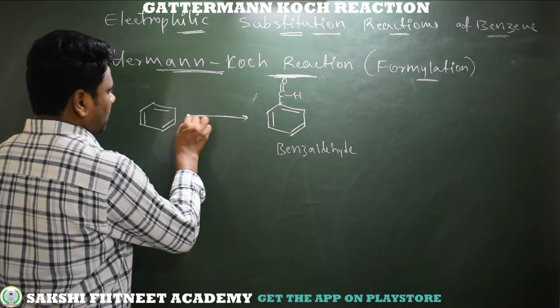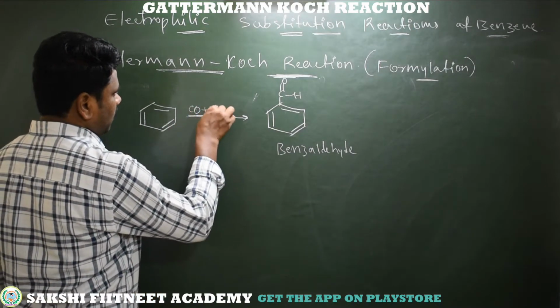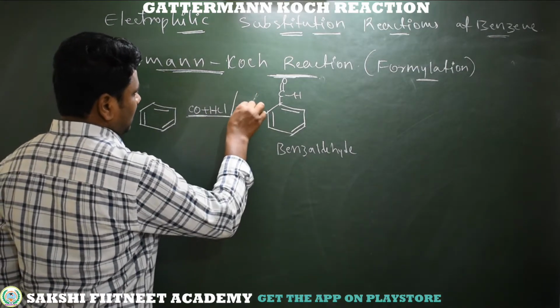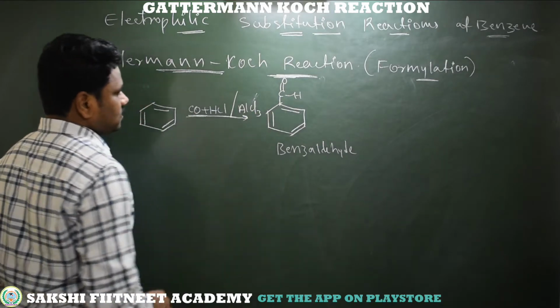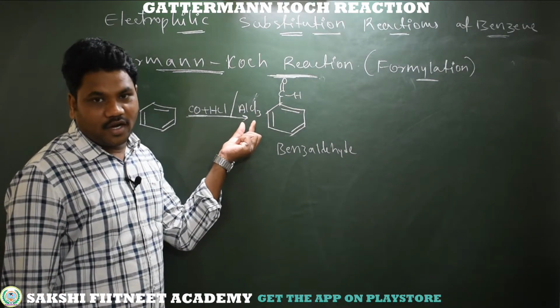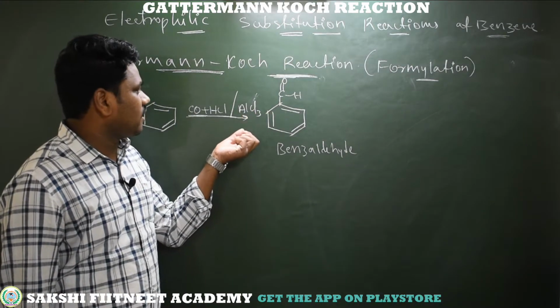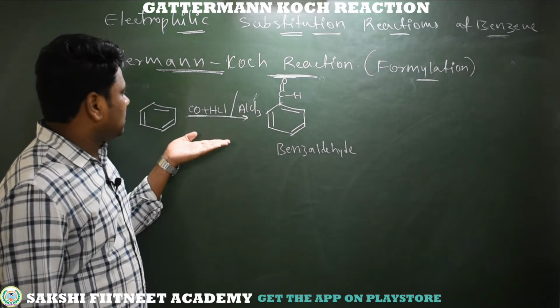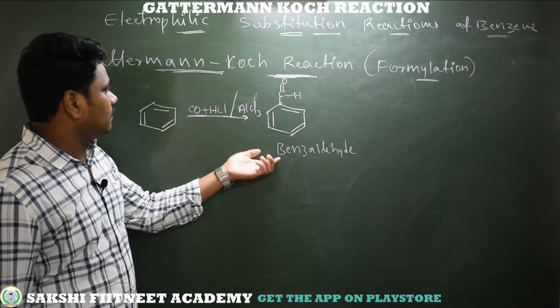See here we are taking carbon monoxide with hydrochloric acid, in the presence of any Lewis acid. Here I am taking aluminium chloride. You can take ferric chloride or ferric bromide, any one Lewis acid. So this is the reaction mixture to get benzaldehyde from benzene.